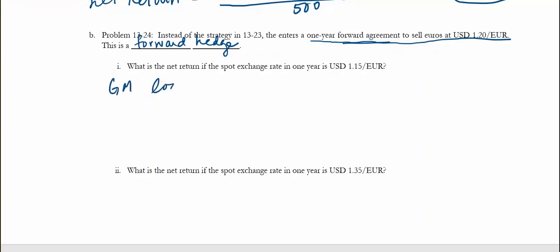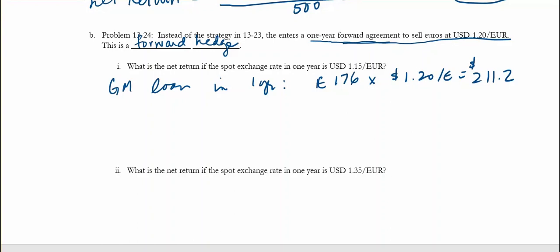The German loan in 1 year, we had already calculated, would be 176 million euros, and we would lock in $1.20 per euro to get $211.2 million.